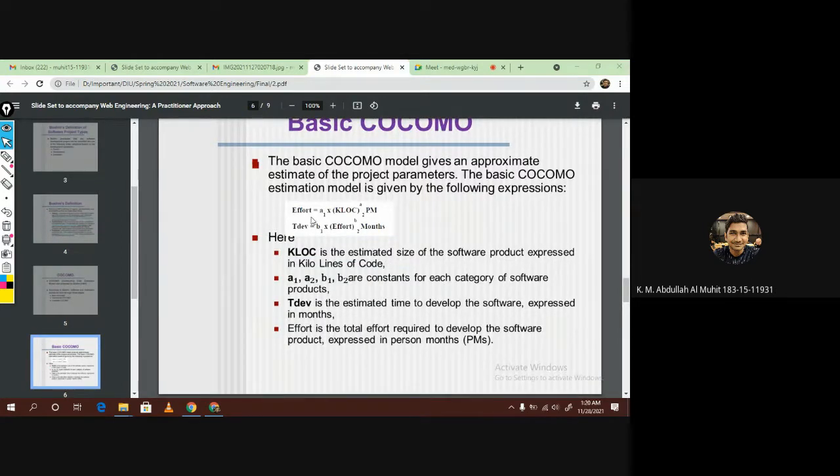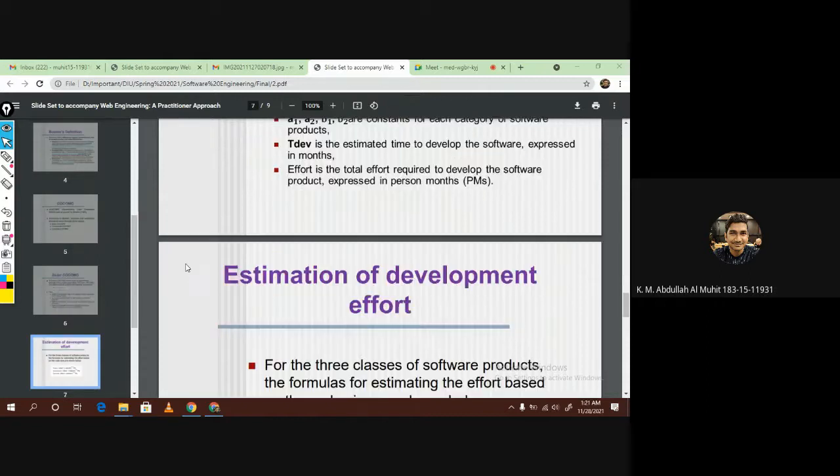In the formulas, KLOC is the estimated size of the software product expressed in kilo lines of code, and A1 and B1 are constants for each category of software products. TDEV is the estimated time to develop the software, expressed in months, and effort is the total effort required to develop the software product, expressed in PM, which is person months.